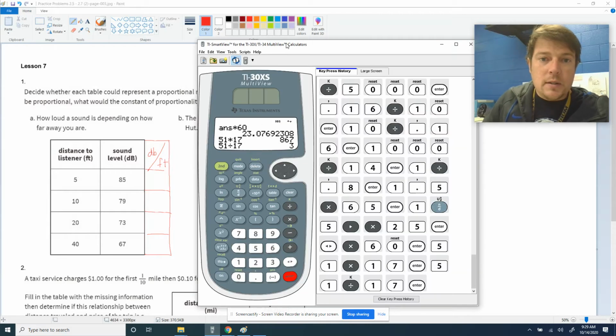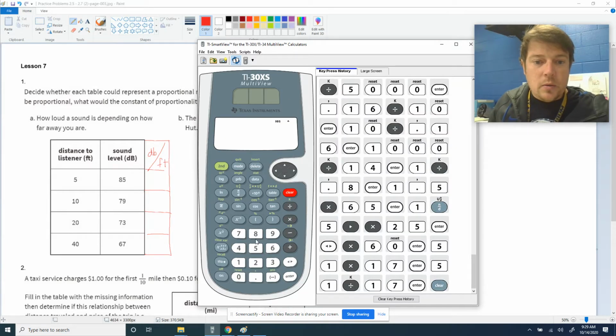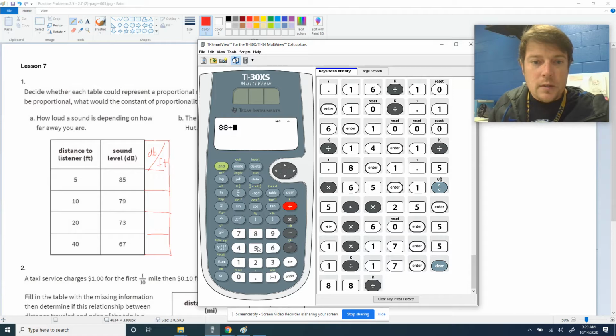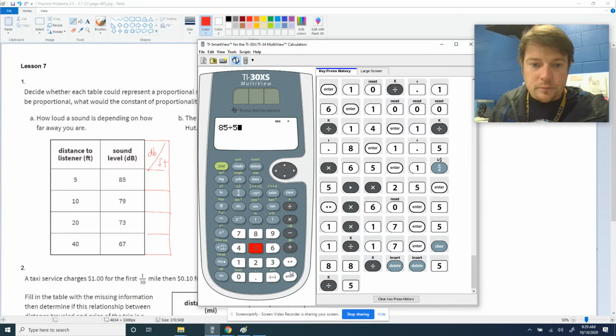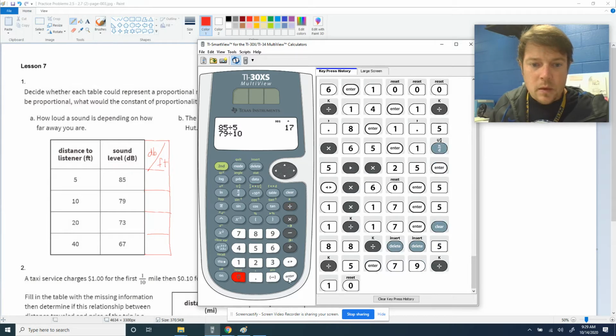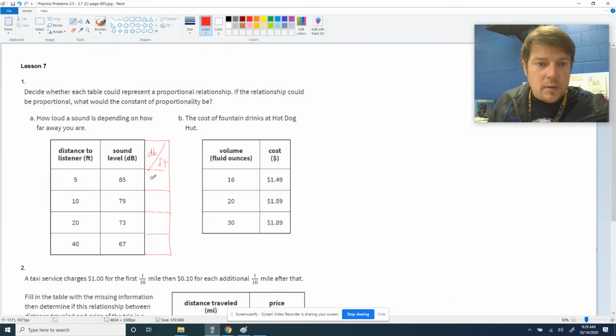So for example, to test this one out, you could do 85 divided by 5, and then 79 divided by 10. And right there from the get-go, this was 17 and this was 7.9.